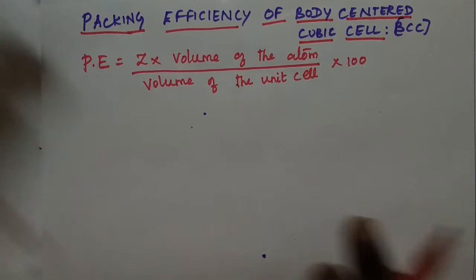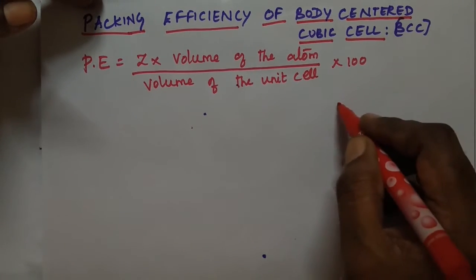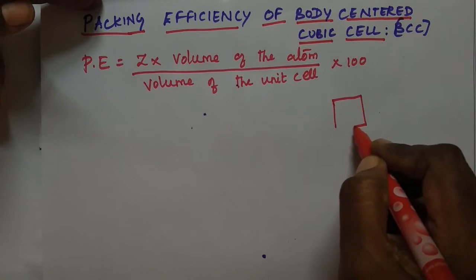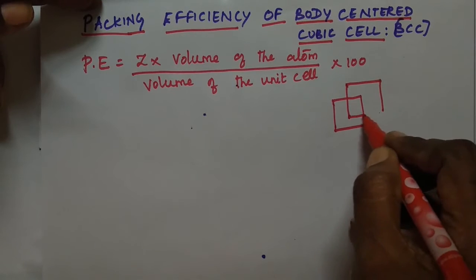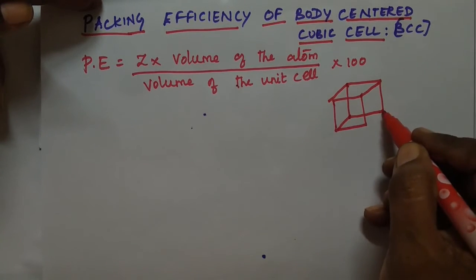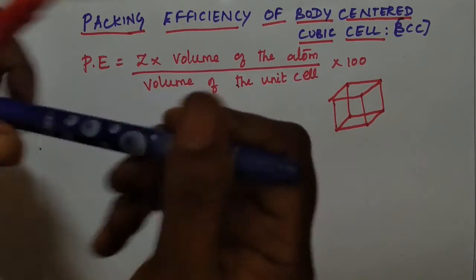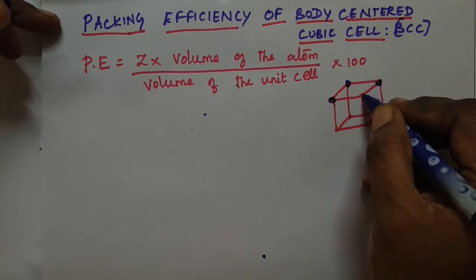Now let us go with a cube. We'll draw a cube over here and first write down what Z is. For a body-centered cubic cell, how much is Z going to be?